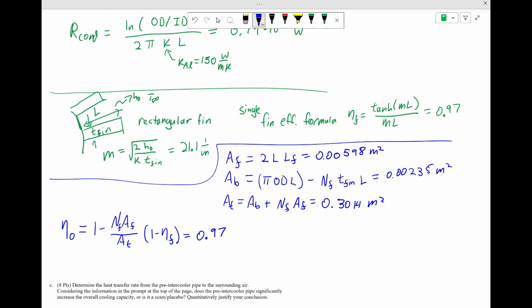Just barely, if you go to additional decimal places, you'll see it's very slightly higher than the efficiency for a single fin, but not much more.